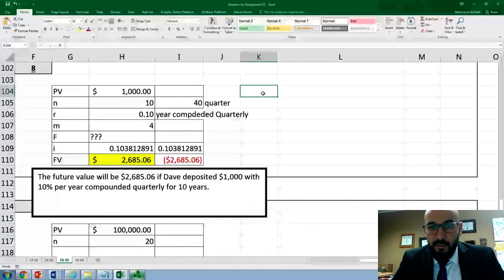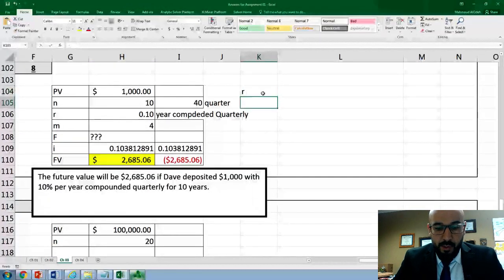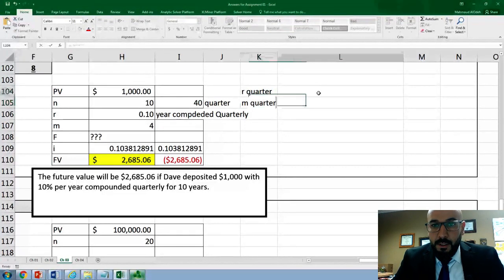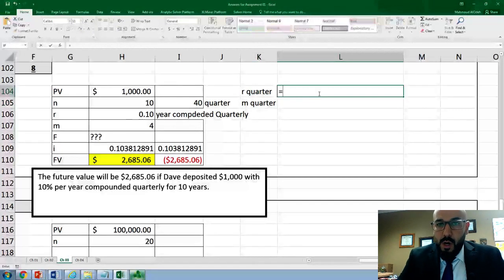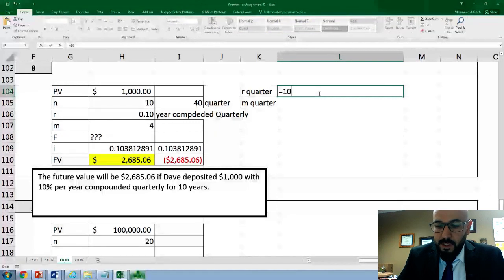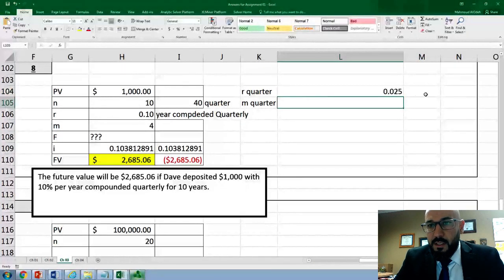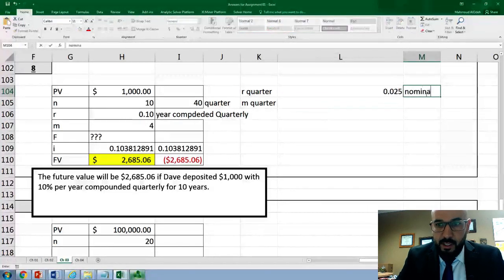Okay, now we need to find R and M, right? And this is per quarter, and this is also per quarter. R per quarter, so we're moving from 1 year to a quarter, so that would be 10% divided by 4. That would be still nominal. We can't use this one yet.